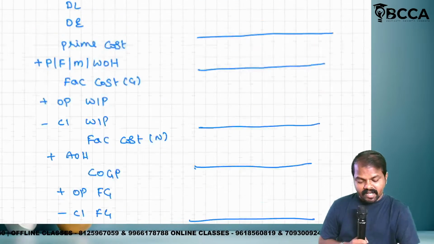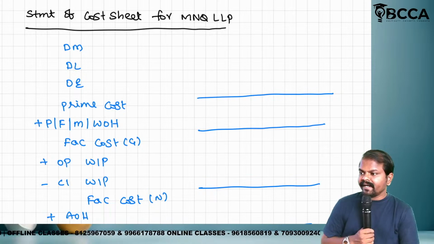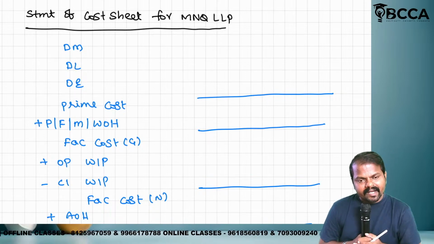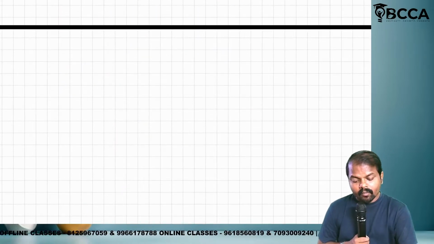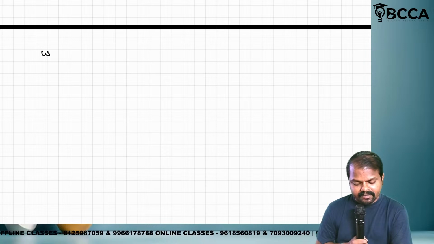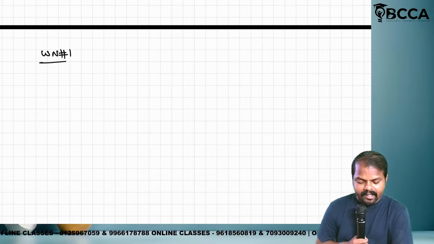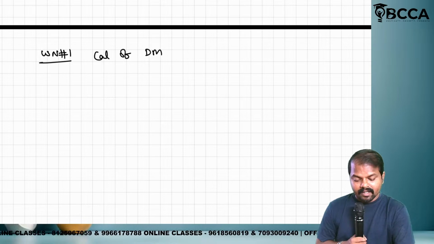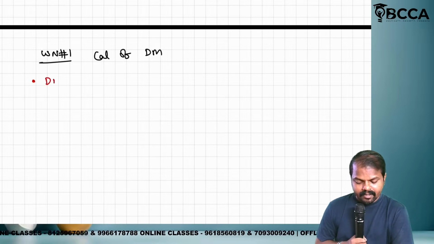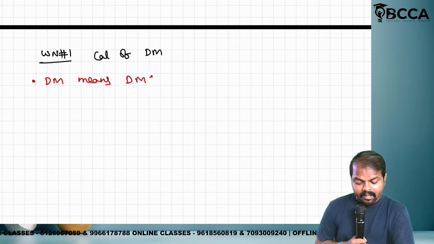Result will be referred as sales. What is the first line? Direct material. What is the meaning of direct material? So working note 1, calculation of direct material. Listen ma, point number 1, direct material means direct material consumed. Are you remember?